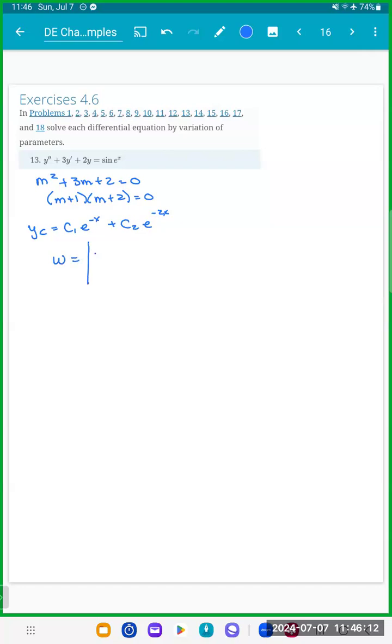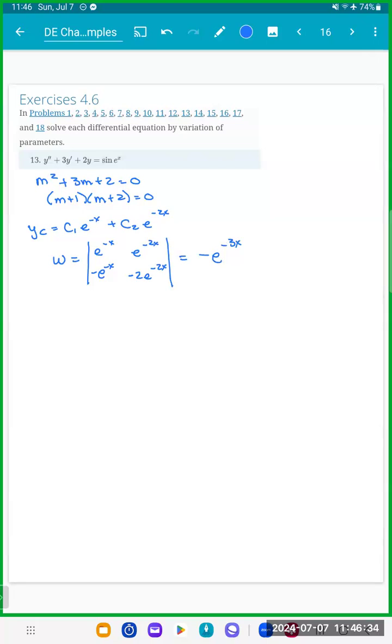Our matrix is e to the negative x, e to the negative 2x. And the derivatives then are negative e to the negative x and negative 2e to the negative 2x. That will give me a negative e to the negative 3x.